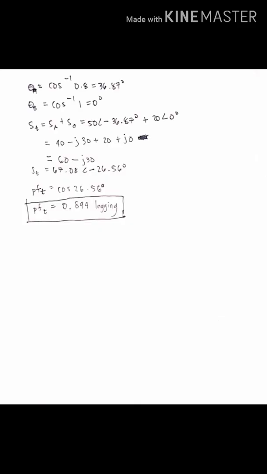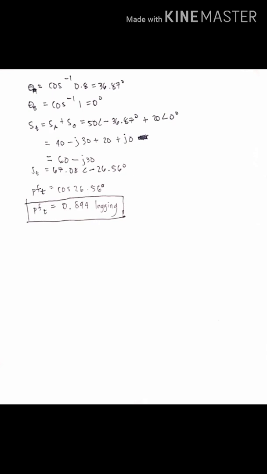Angle of A is equal to arccos 0.8, so the angle of A is 36.87 degrees. Then angle B is arccos 1, which is equal to 0 degrees.